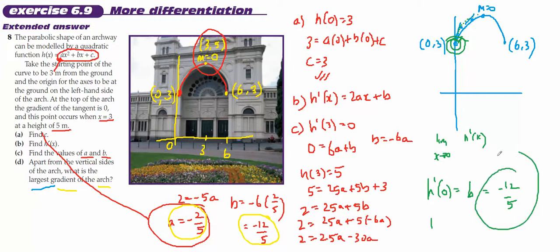Now I can't get minus, because I've got a positive gradient. Let's go back over here. That answer for b is positive. So I think in part D, apart from the vertical sides, the largest gradient is approaching 12/9. It can't equal 12/9 though because the derivative won't exist at that point because it's a sharp join or an endpoint.